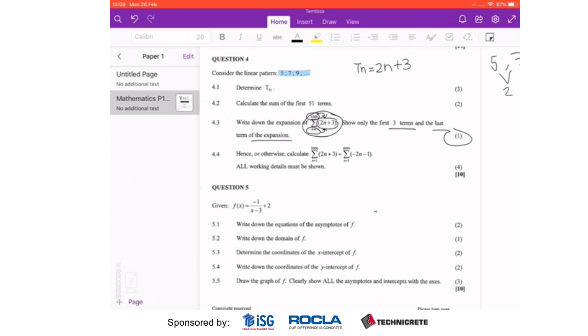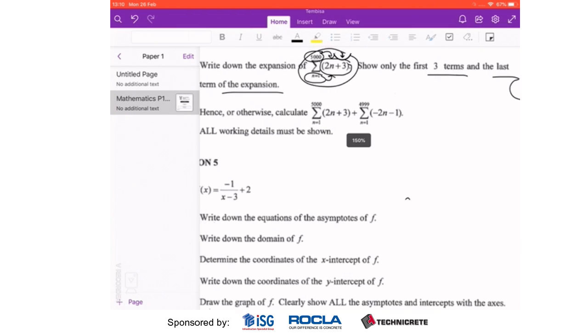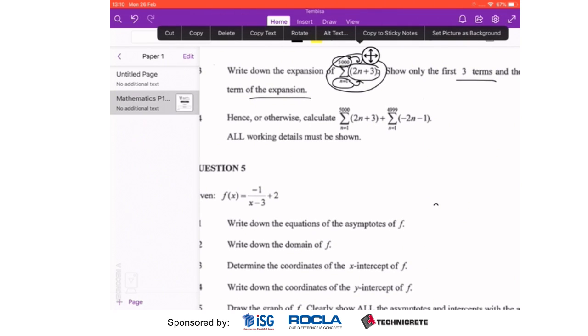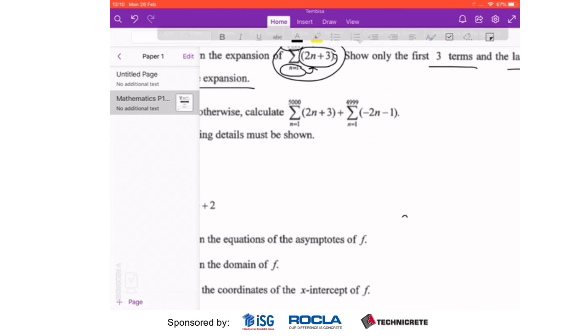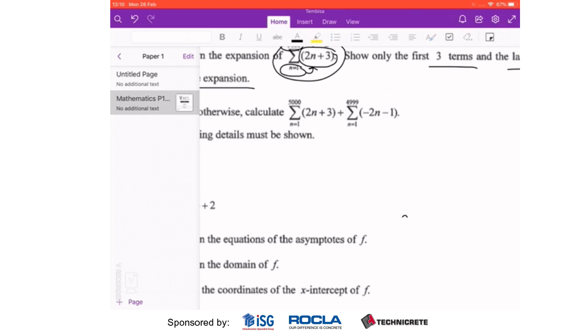It says hence or otherwise calculate the sum of 2n plus 3 to 5,000, which is what we were working with, plus the sum of negative 2n minus 1 to 4,999. All working details must be shown. What I think is best is if we work them separately. But before that, we need to know for this one what's its a value and what's the d value.